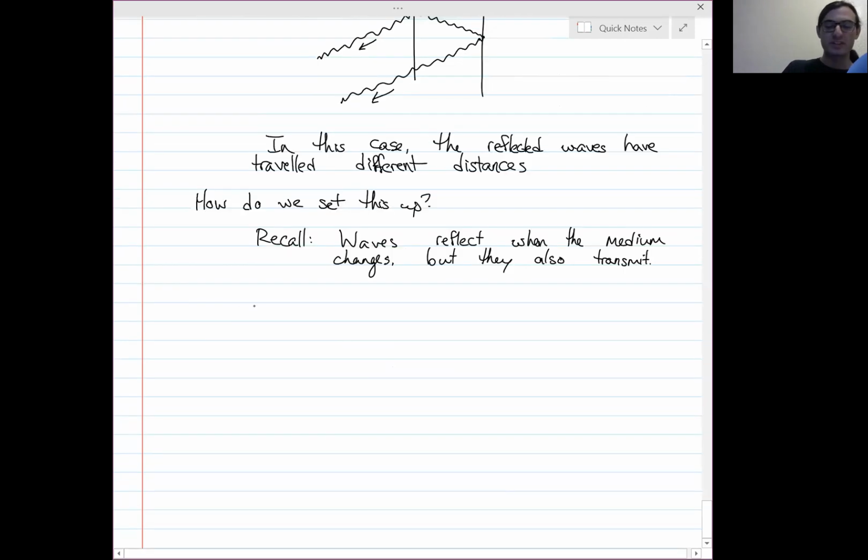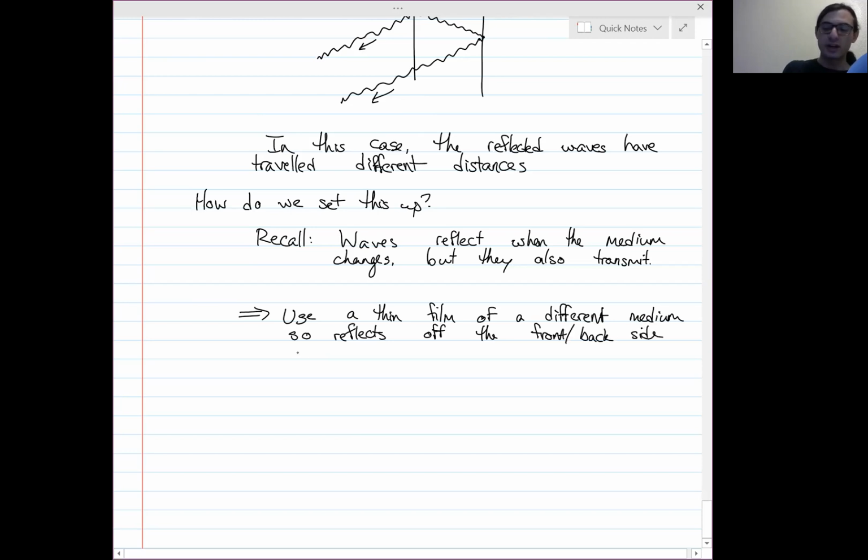So the way we do this is we use a thin film, like a thin layer, like a thin film of grease, of a different medium. You actually don't need 3 media, you just need 2, really. Use a thin film of a different medium, so it reflects off the front and backside of the film.